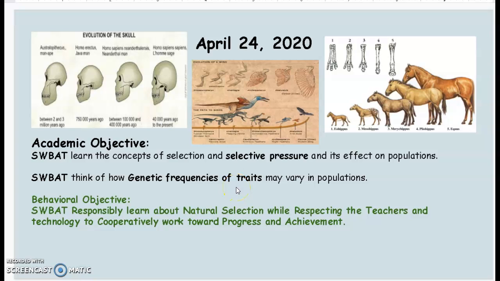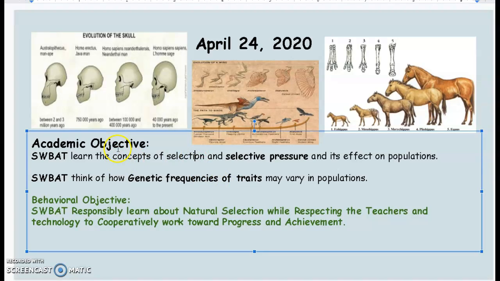Good morning, students. Today we're going to learn about evolution through natural selection. So after today, students, you'll be able to identify concepts of selection. Selection is what are your odds of surviving in a specific environment.